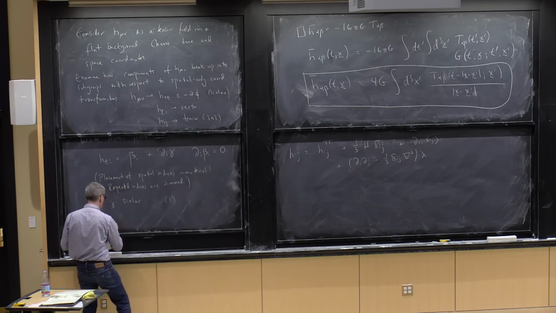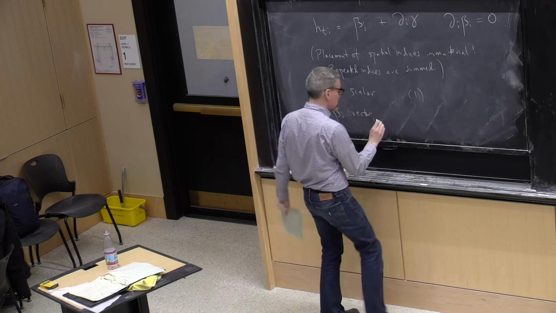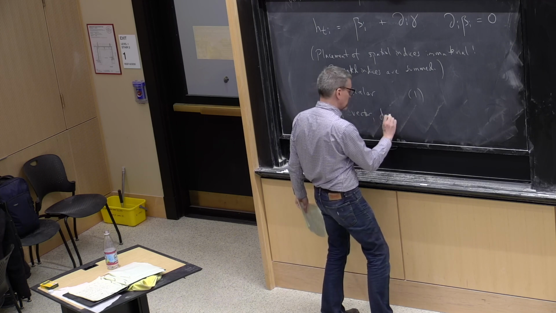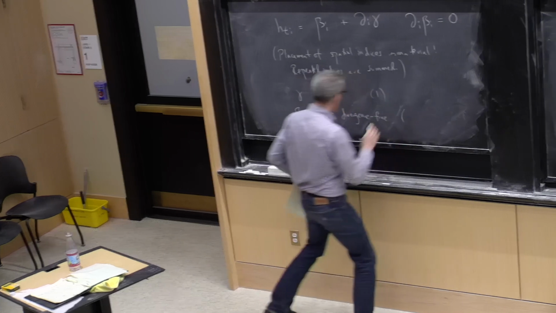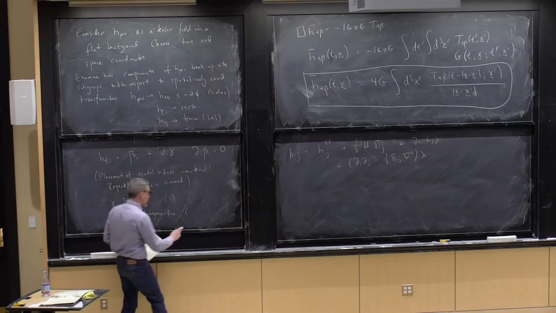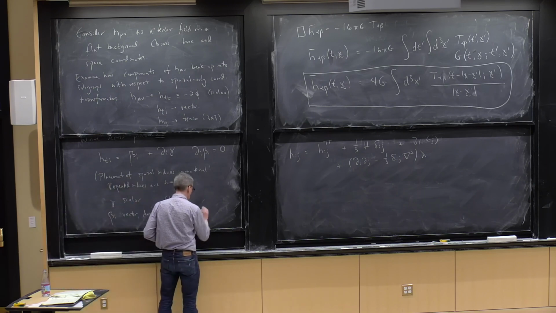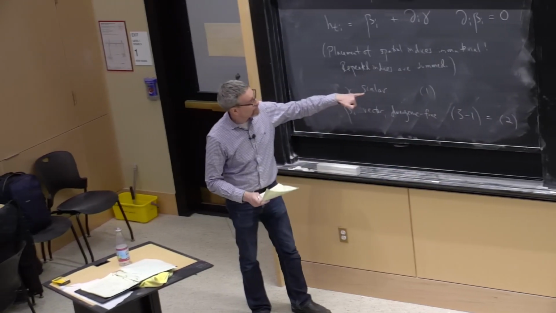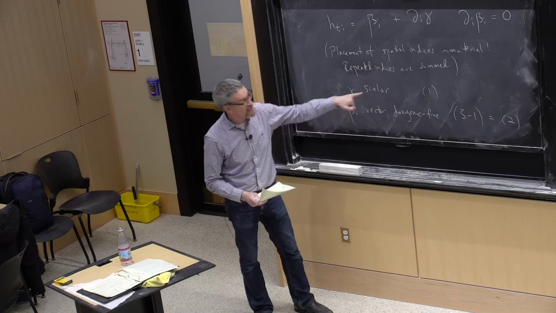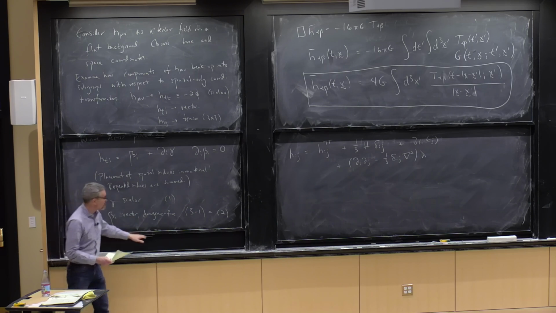Beta is a vector, but it's divergenceless. Because it's a vector, I have 3 components. But being divergence-free, those 3 components obey a constraint. So that's 3 minus 1. So this scalar and this divergence-free vector give me the 3 degrees of freedom I need to specify the 3 independent components of HTI.